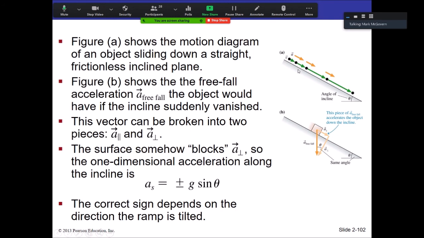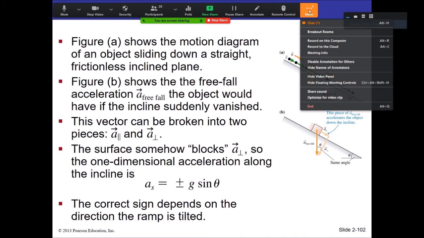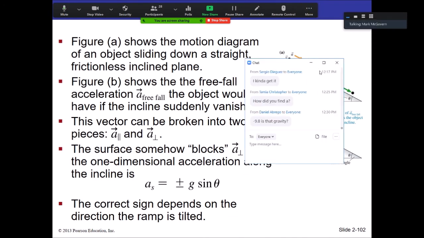The reason it's sliding down the incline is due to gravity, but it's not experiencing the full extent of gravity, because of the incline. In fact, if you see this picture down here, we have an acceleration that is downward, but I'm going to break that into components that follow the coordinate axes.